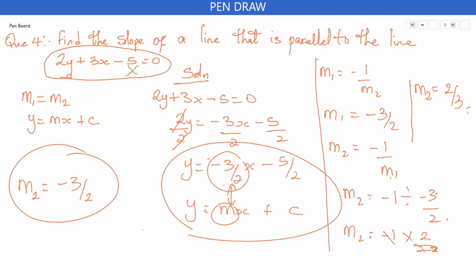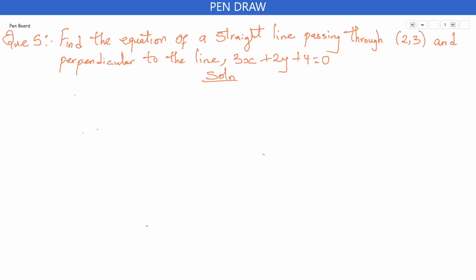So we're having 1 multiplied by 2 over minus 3. Minus cancels minus. 1 times 2 is 2 and over 3. So we have this if it is perpendicular. But what they ask us to find is parallel. So if it's parallel, this is our answer. But if it's perpendicular, it will be 2 over 3. Do you understand? So take note of that. Very important. So let's take another question on this.